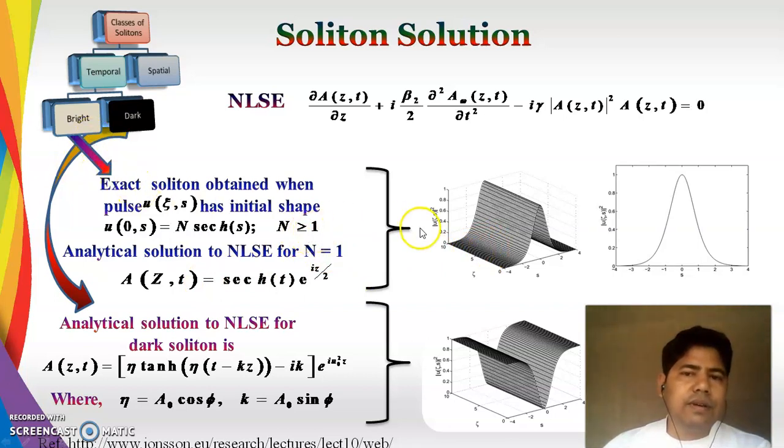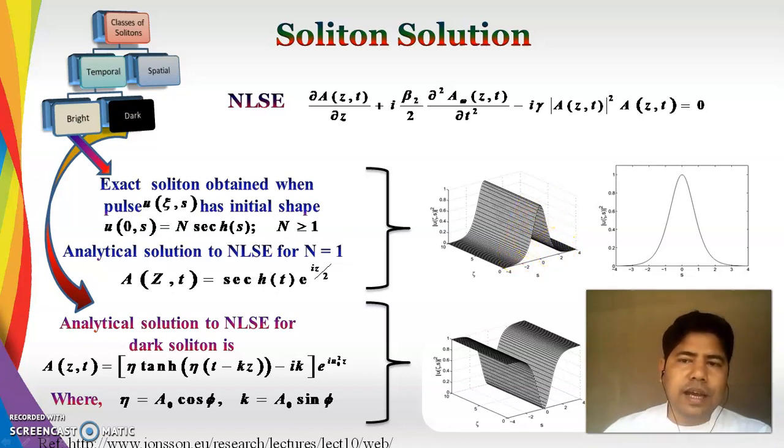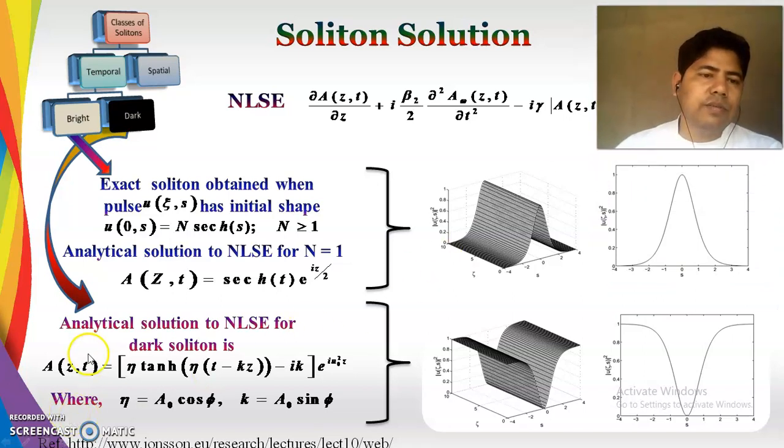When this sech pulse appears as a solution of the nonlinear Schrodinger equation, we get a very beautiful positive, or bright, soliton. And the soliton can be negative also.